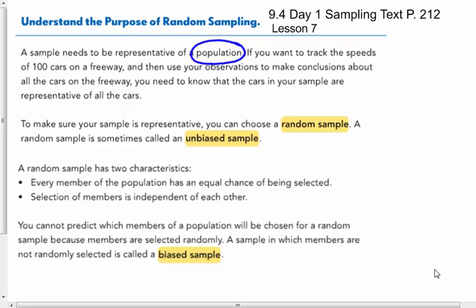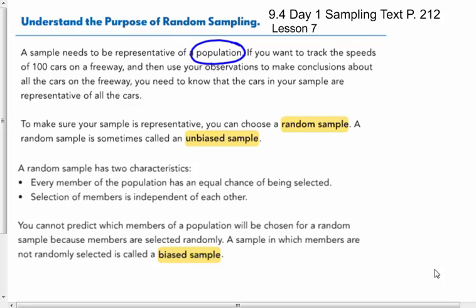If you want to keep track of the speeds of 100 cars on a freeway and then use observations to make conclusions about those cars on the freeway, you will need to know that the cars in your sample are representative of all cars that could possibly be on the freeway. So the population could be cars on the freeway. The sample can be the ones that you choose.